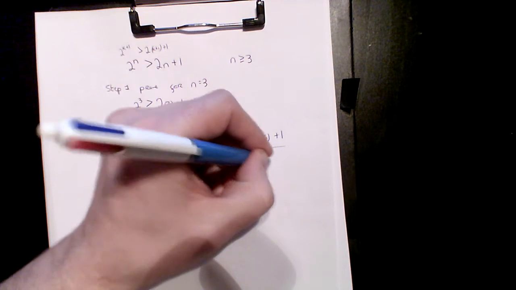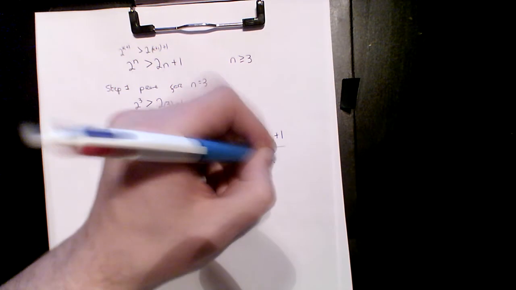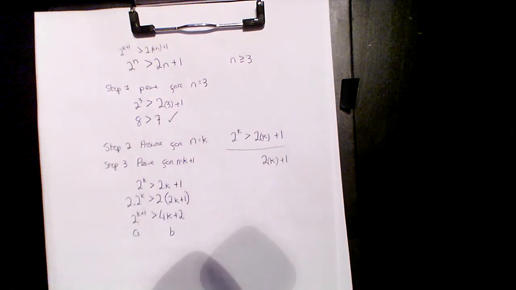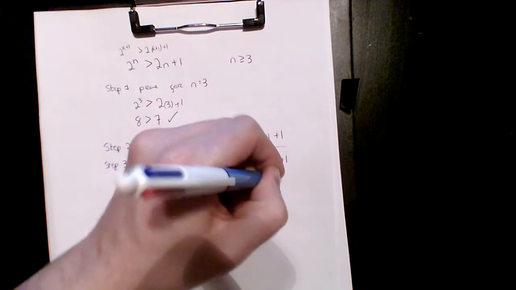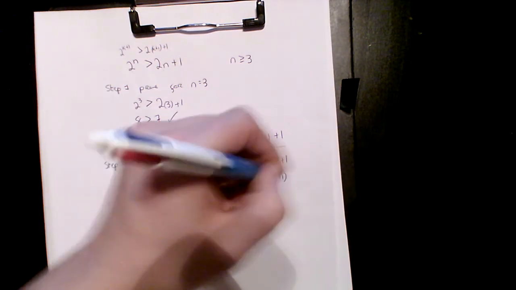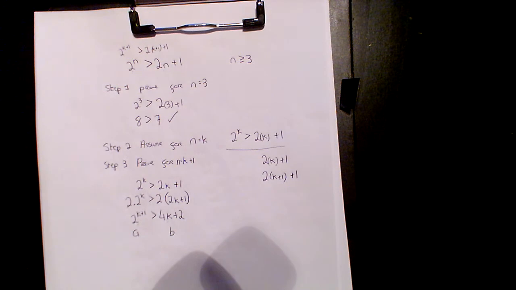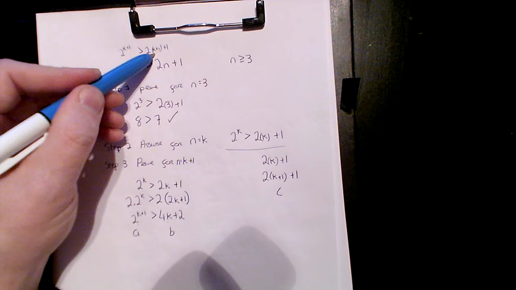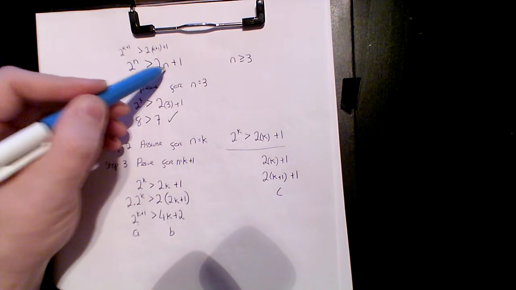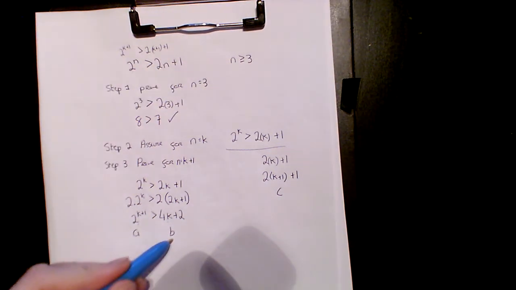Now let's look over here. We have the 2k plus 1. Now if I change that to 2(k plus 1) plus 1, we call that C, because that really is that. I'm putting in the 2(k plus 1) instead of n.